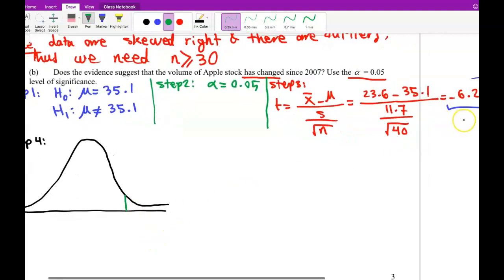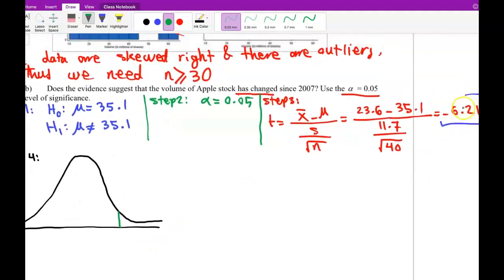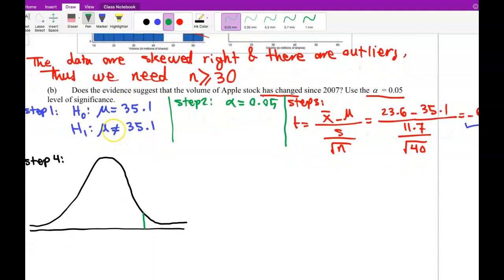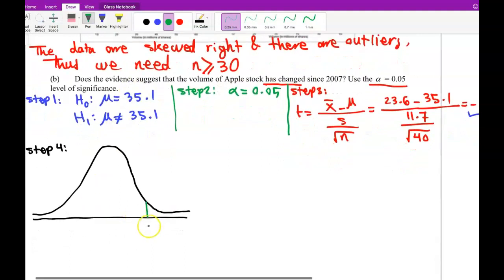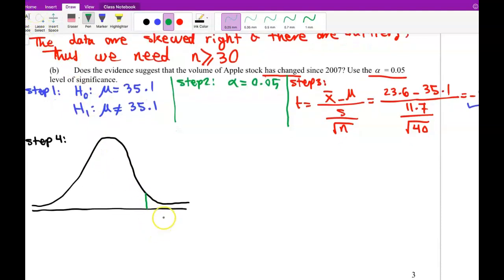For t we got negative 6.216, but since it is two-tailed, not equal to, on the right side it is positive 6.216, and on this side negative 6.216.